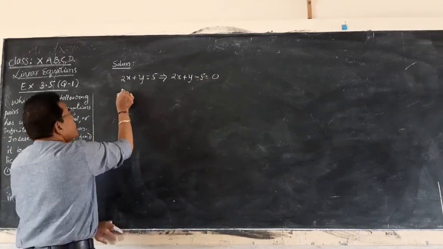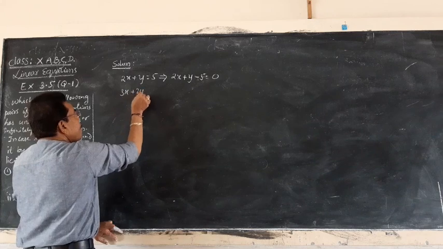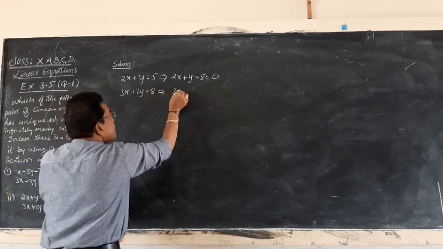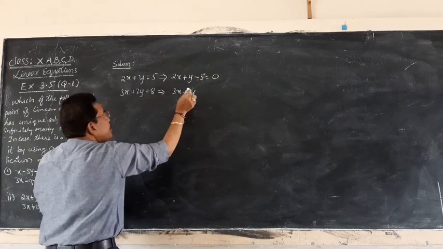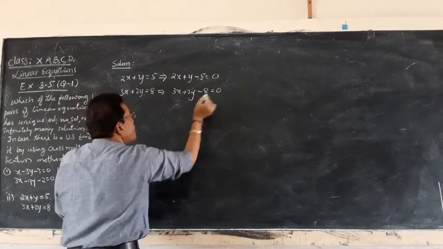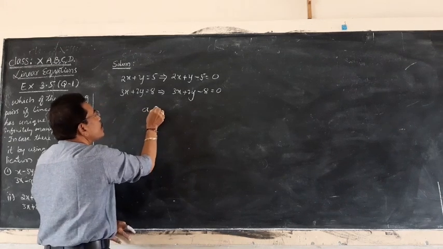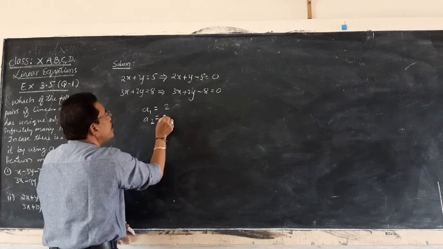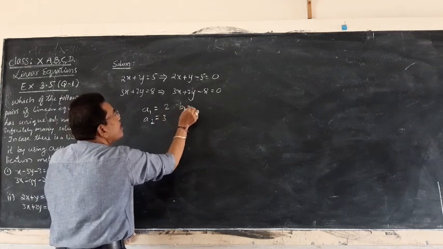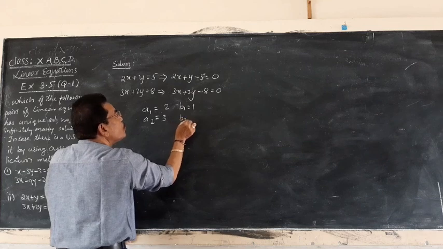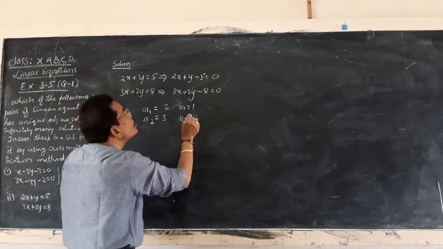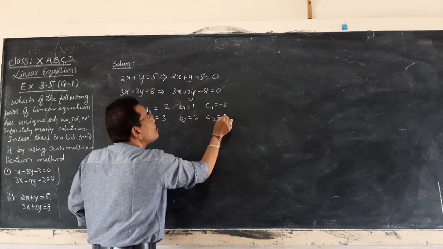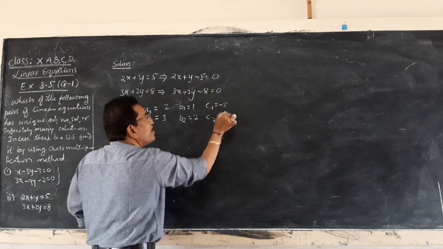Then 3x plus 2y equals 8 implies 3x plus 2y minus 8 equals 0. Then a1 is 2, a2 is 3, b1 is 1, b2 is 2, c1 is minus 5, c2 is minus 8.